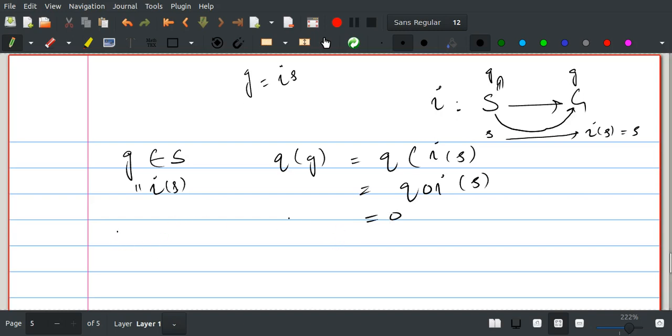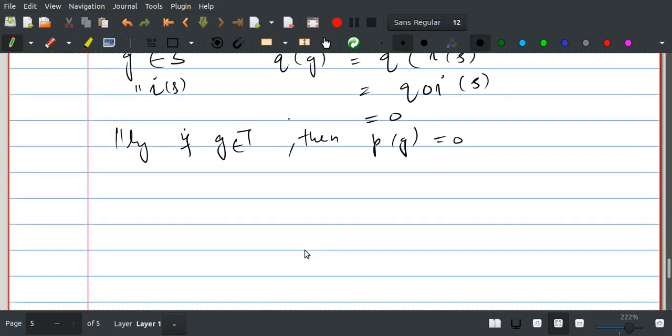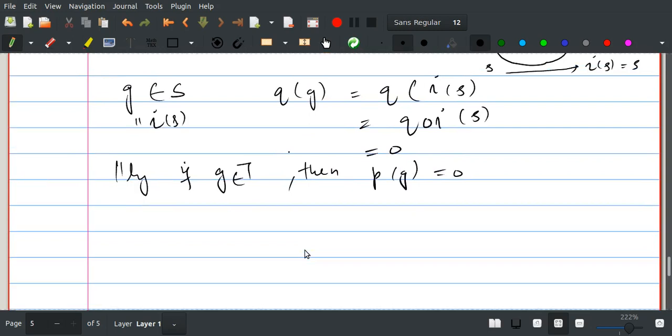Similarly, if this g is in T, then P of g is again 0. So we observe that if g is in S, then Q of g is 0. Similarly, if g is in T, then P of g is 0.